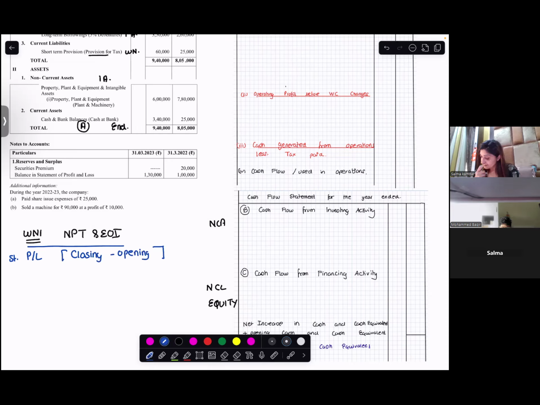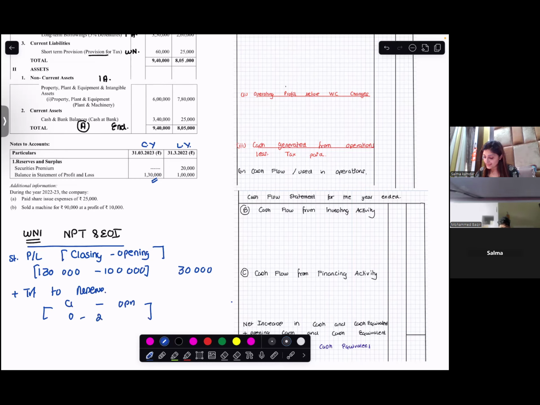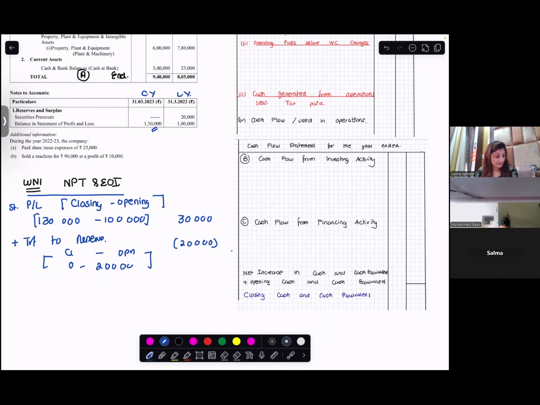Then you add any transfer to reserves. That's again closing minus opening. So it is 0 minus 20,000. So there will be a minus 20,000. Are you with me? So with this, you are left with only 10,000.